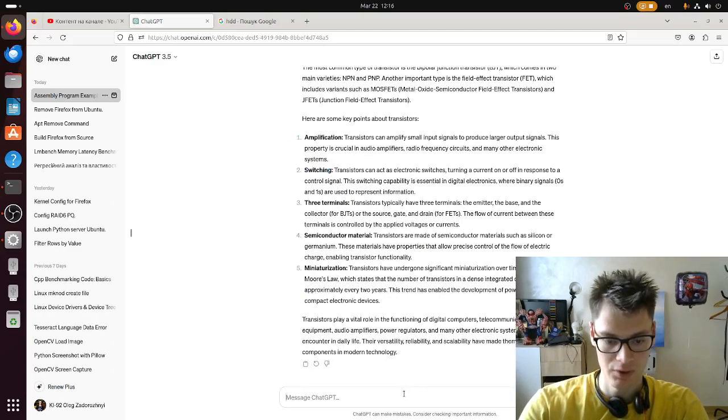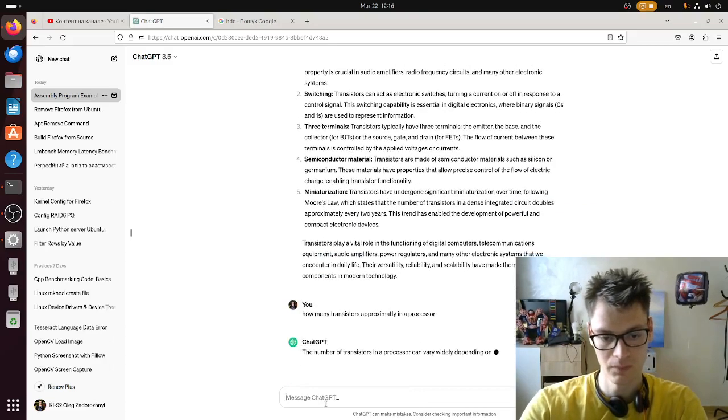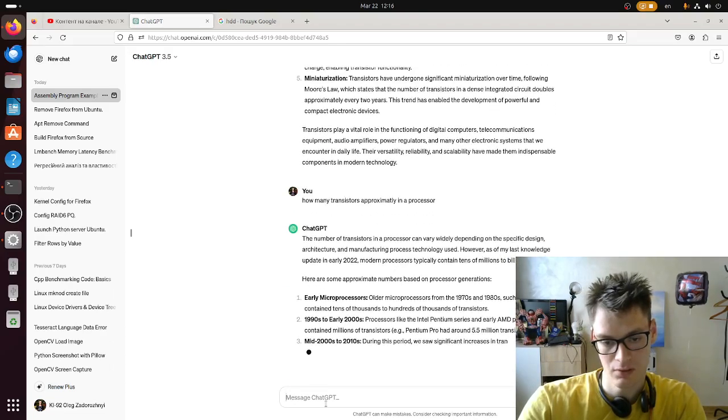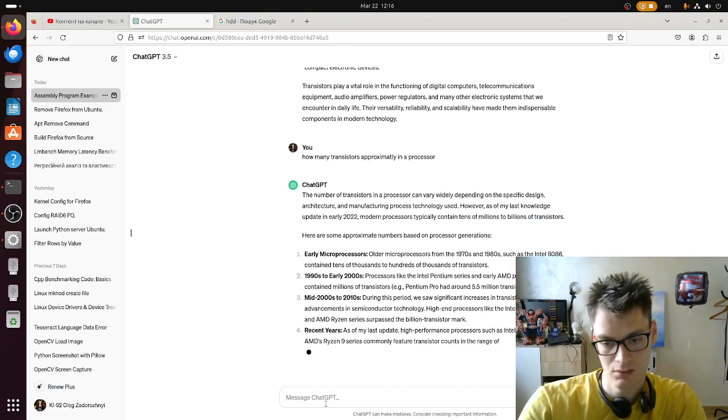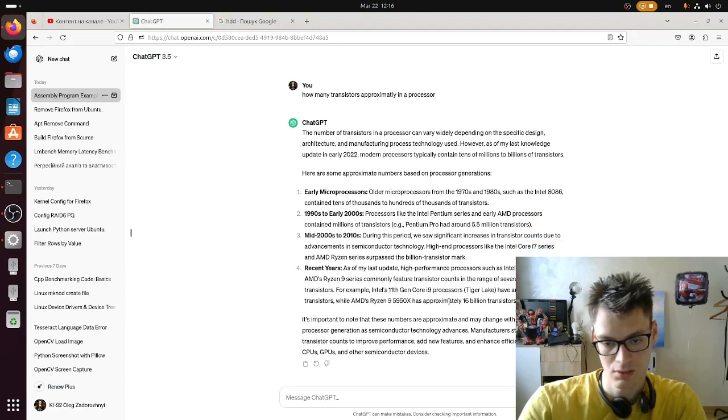Processors, I believe, have a lot of them. How many transistors are approximately in a processor? It says 16 billion transistors.